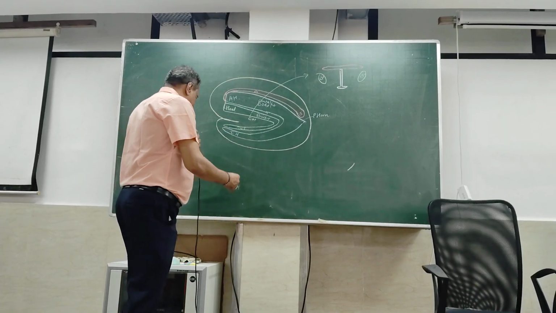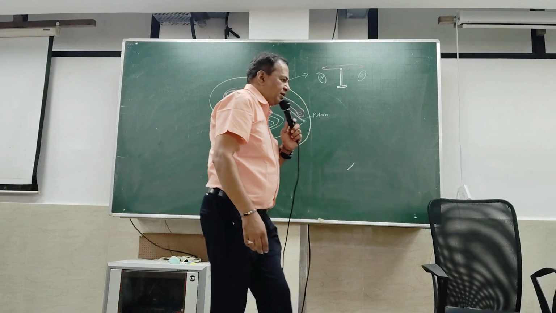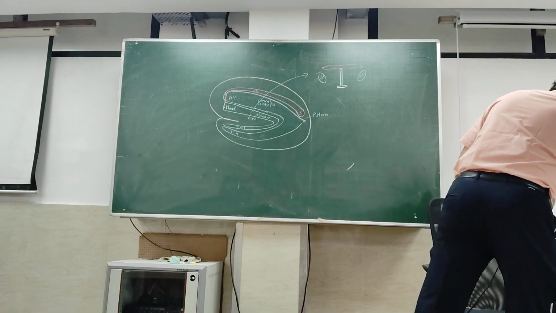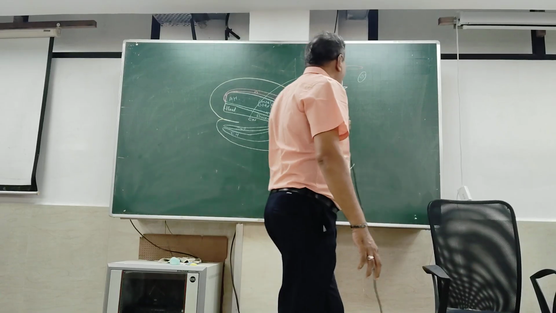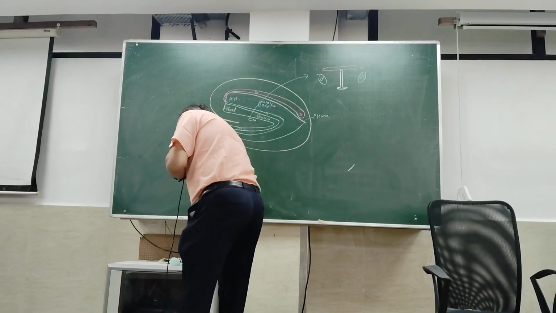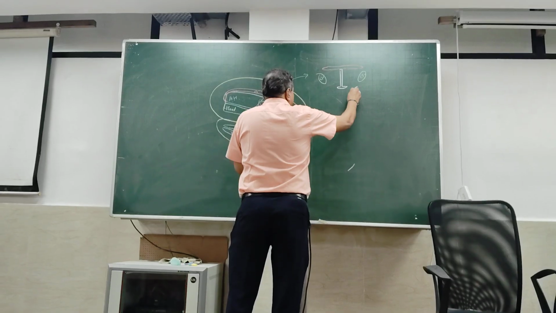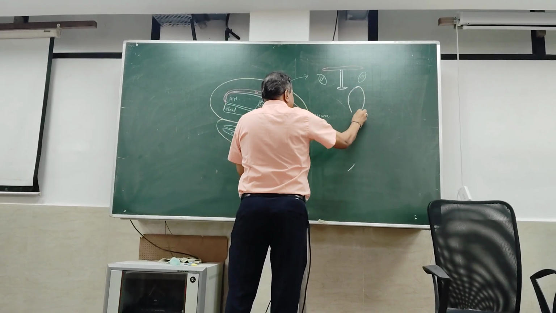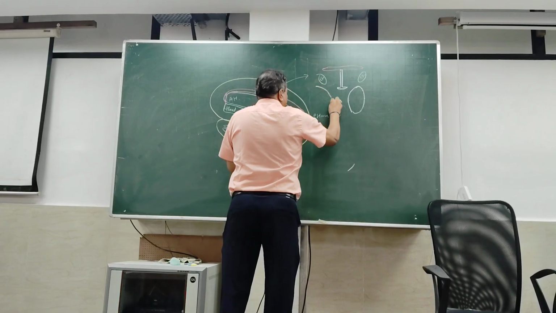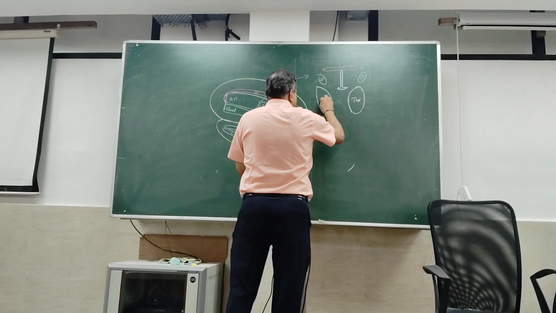Okay. Now there is one more structure. My colors seem to have run out here. Which is forming the floor, and that is the thalamus.